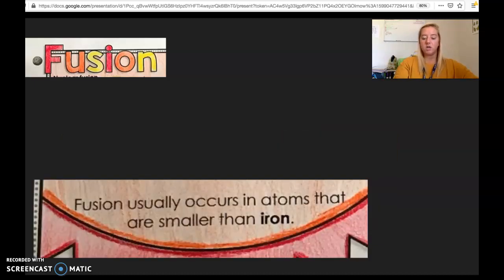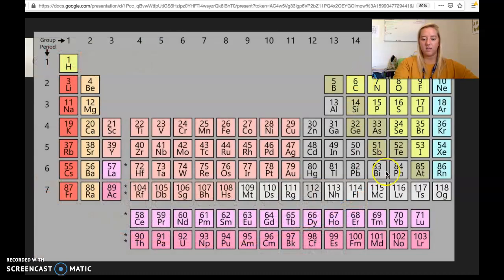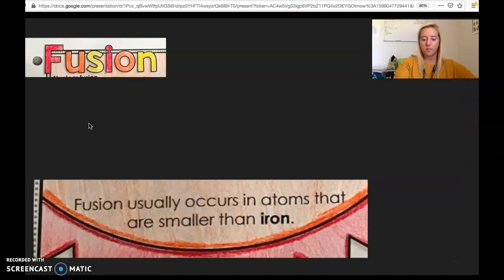Fusion usually occurs in atoms that are smaller than iron. So if you take a look at your periodic table, iron is Fe, and it is right here. So your atoms have to be smaller, which can mean that it's any of these, any of these, any of these, and any of these. And the smaller, the better. So fusion usually occurs in atoms that are smaller than iron.